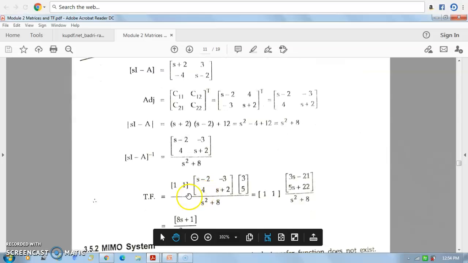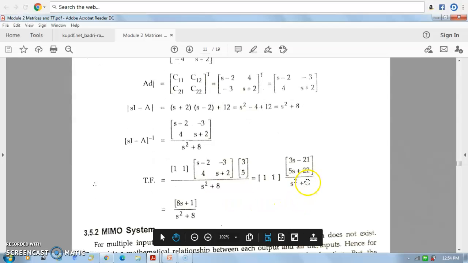So substitute in the formula: transfer function is equal to C matrix, (sI minus A) inverse, and B matrix. See here, first multiply (sI minus A) inverse by the B matrix, then multiply by the C matrix, divided by s square plus 8.